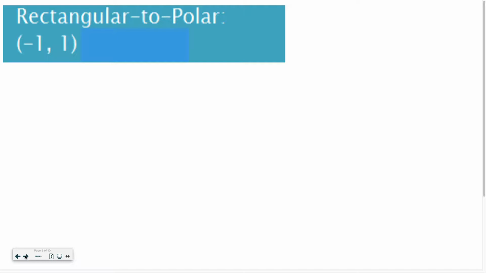The coordinate -1, 1. It's a rectangular coordinate, and I want you to convert it to polar form. It's not absolutely necessary, however, I do feel that it would help you to plot the point, or at least think about the picture. So we know x and y. How can we find r?